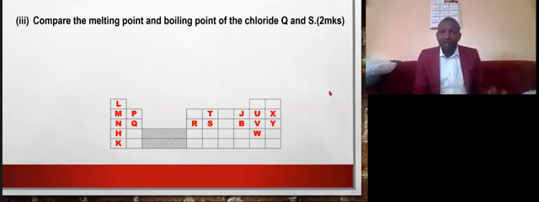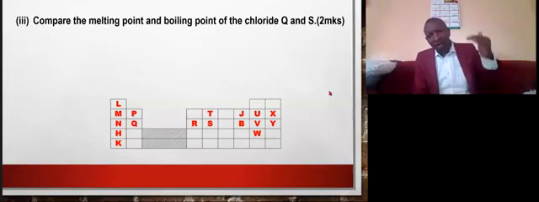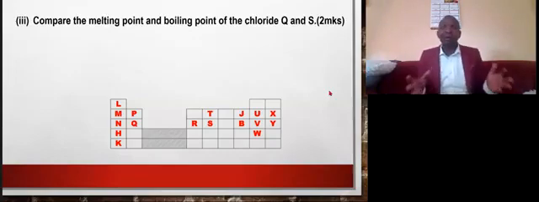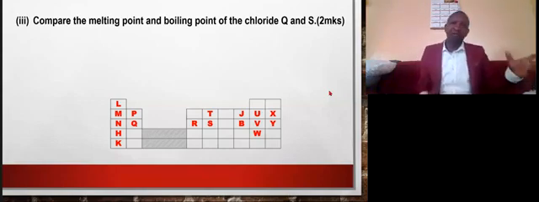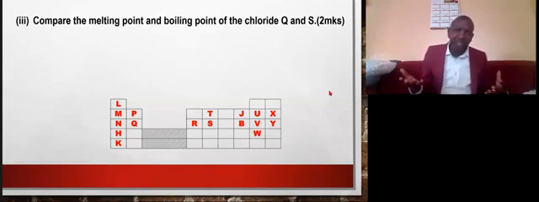Then, the chloride of Q has a higher melting point and boiling point than the chloride of S. In other words, you can also say the chloride of S has a lower melting point than the chloride of Q. Tick. Let's come now to unpacking the explanation.